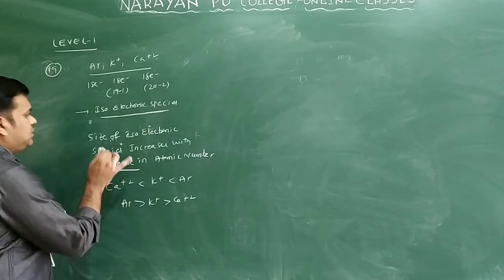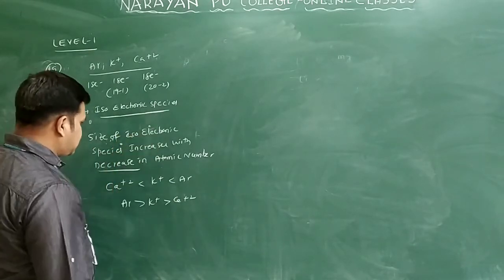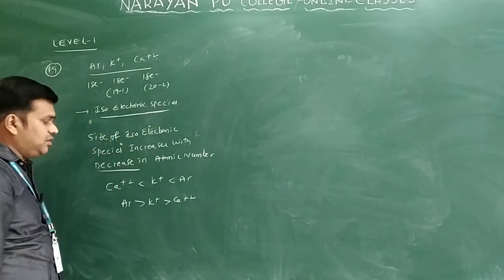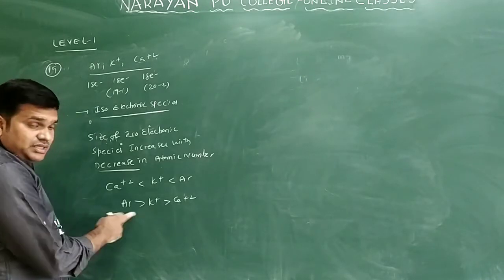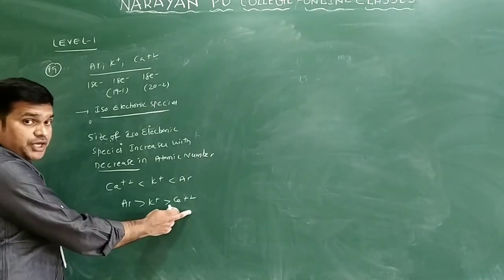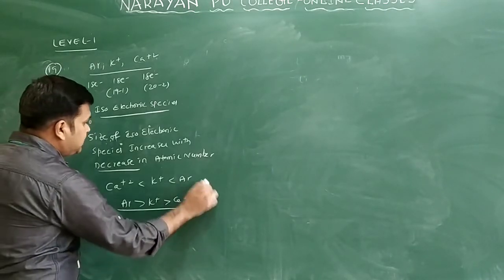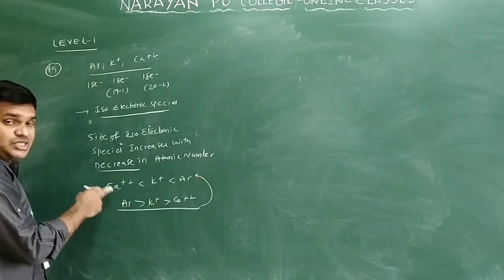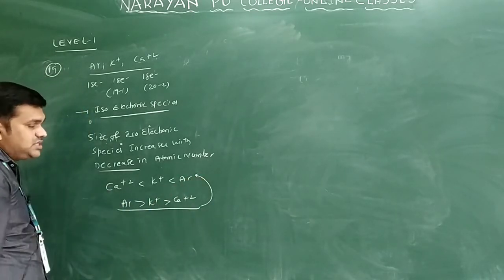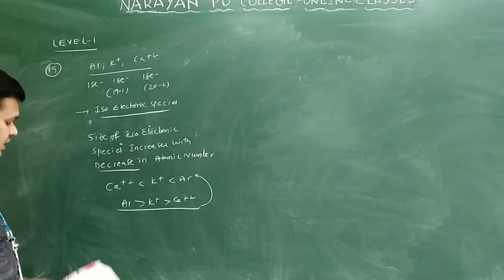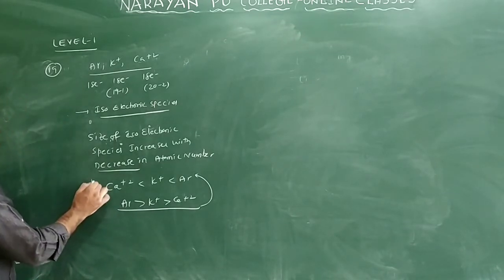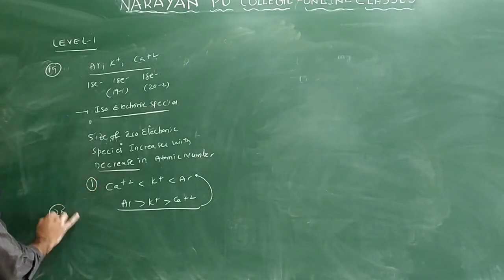The statement I wrote is that size of isoelectronic species decreases with increasing atomic number. This is 18 atomic number, this is 19, this is 20. This is decreasing order, this is increasing order: Ca plus 2 less than K plus less than argon. So your answer is option 1 for this question.